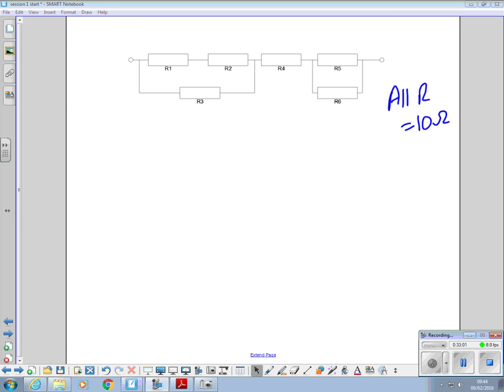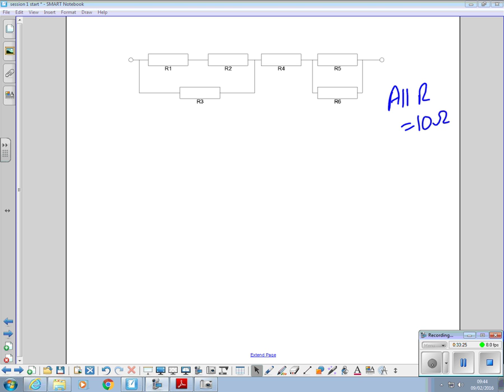All those resistors are 5 ohms. Where should we start with calculating the total? They're all 5 ohms. Oh, sorry, 10 ohms. Beg your pardon, well spotted. I was going to go 5 and I changed my mind. Right, all 10. So where do we start? With R1.